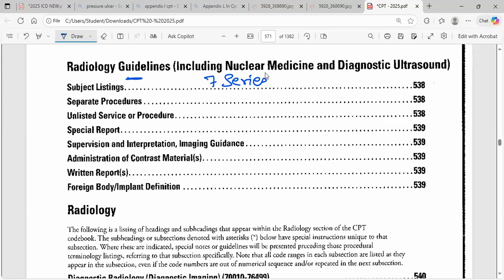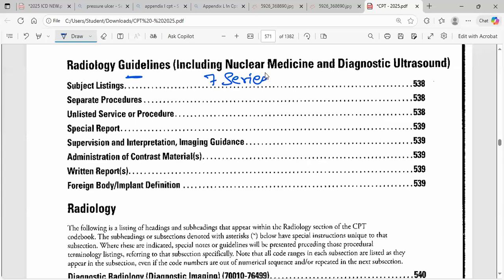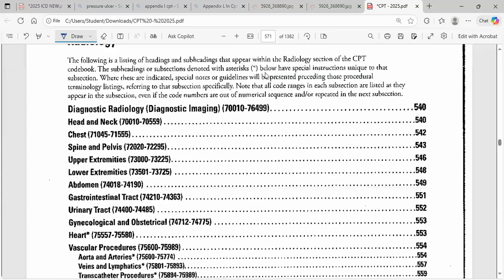In this chapter, we have a code from top to bottom, based on the anatomical location. Like first we have the codes for the head and neck, then we have codes for the chest, spine and so on. And in each section we have a code for the first X-ray, then CT, then MRI, then CTA, then 3D.